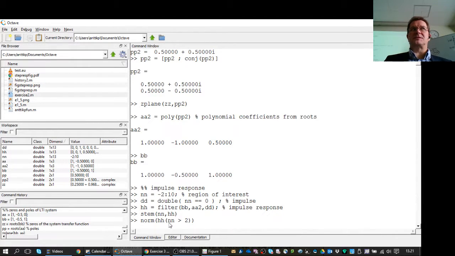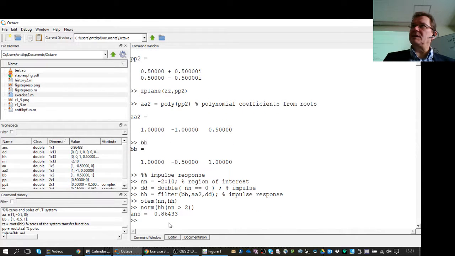If this is non-zero, then we have an IIR system. And definitely this is an IIR system, not even close to 0. Close to 0 means e to the minus 10 to minus 12 at least, with the computing accuracy. Okay, so this system is IIR.